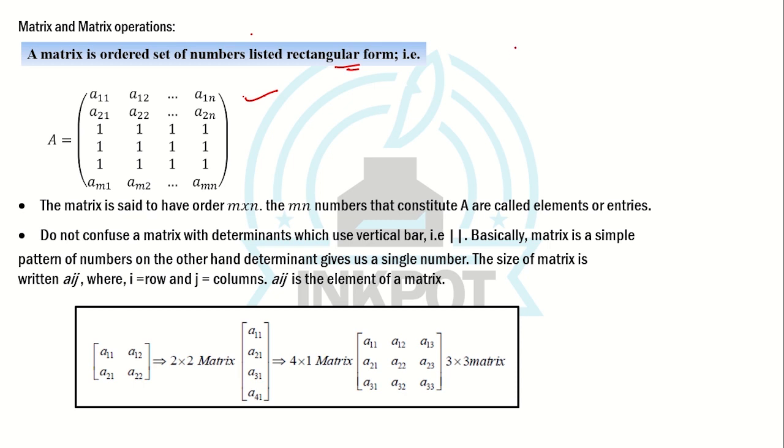One is that the order of any matrix is represented by the number of rows and the number of columns that it has, which is given by m cross n in general. So m here is the number of rows and n here is the number of columns.